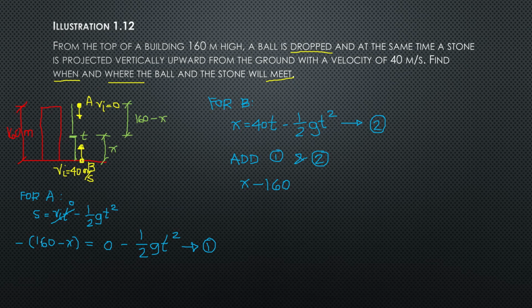So positive x minus 160 equals 0 minus 1/2 gt squared. Then equation 2 is x equals 40t minus 1/2 gt squared.